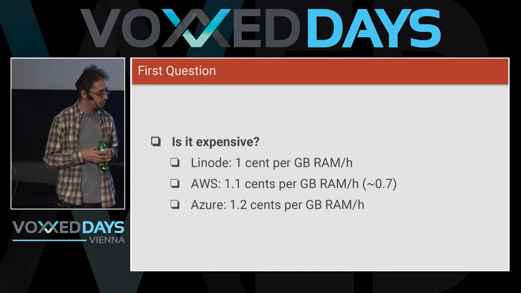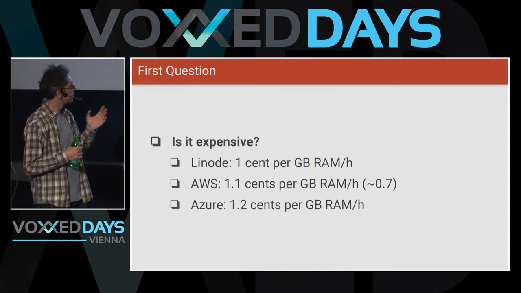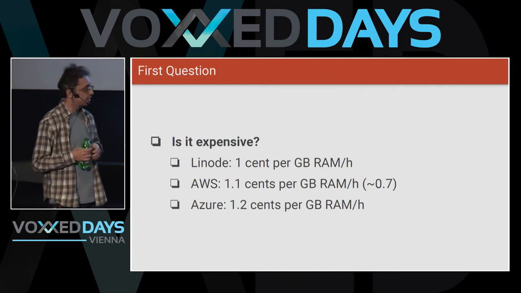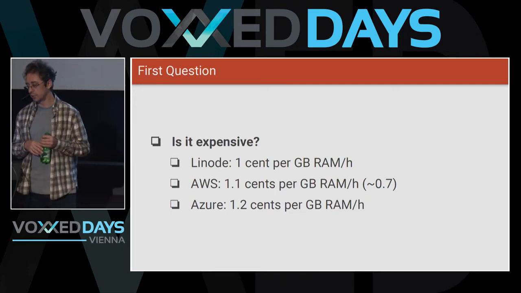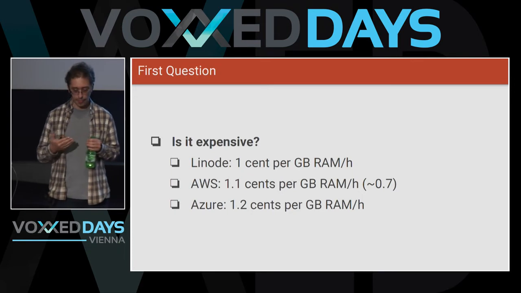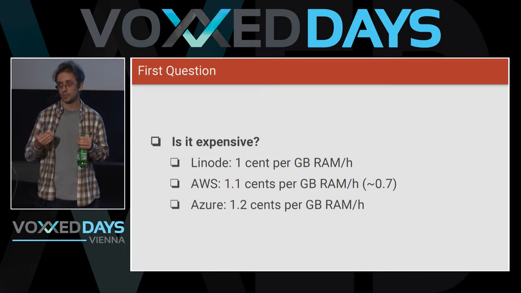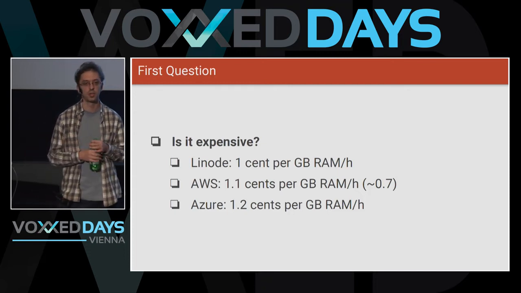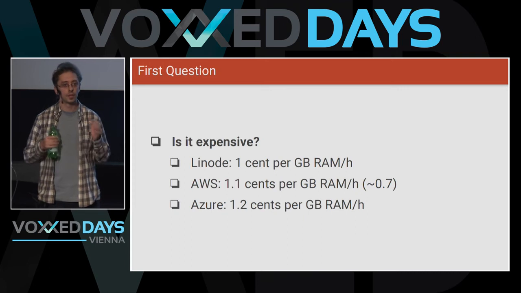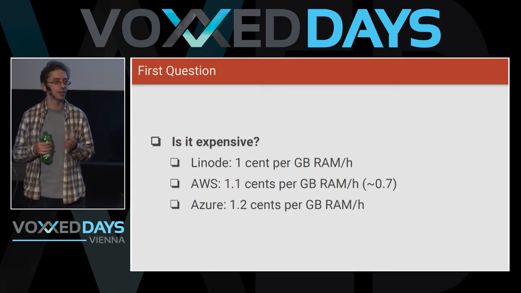So I just brought some numbers from AWS and Azure, and you can see the average cost per gigabyte of RAM per hour. So it's easy to calculate how many gigabytes you need, and then you can see exactly what kind of machine, and then you can make the calculations, and you can come up with some really hard numbers for your management, which can approve it or not.